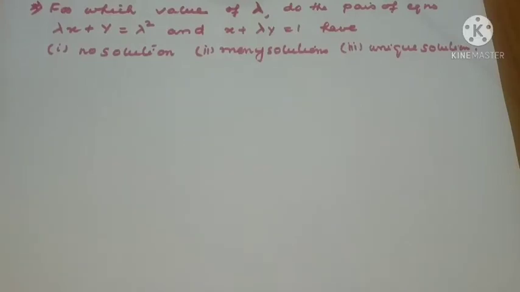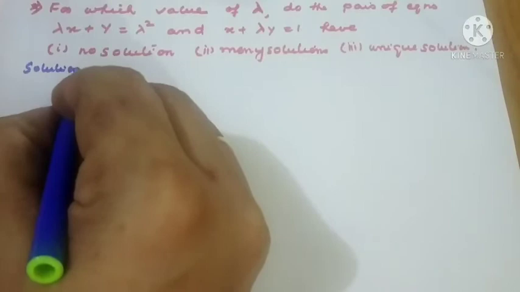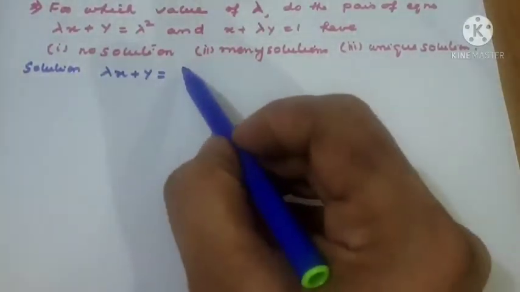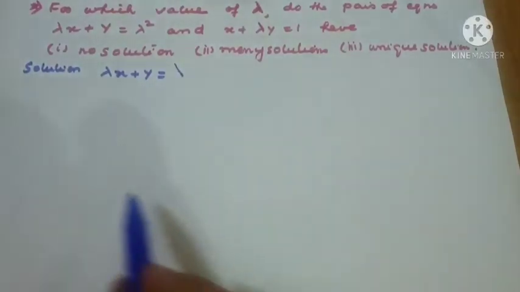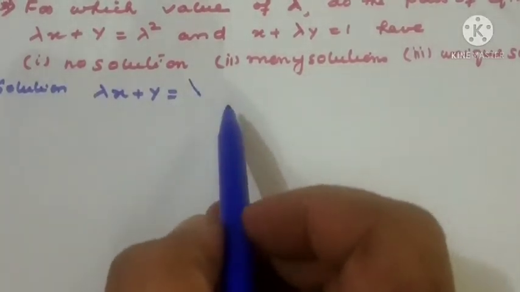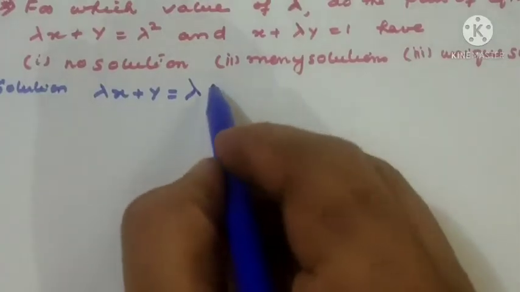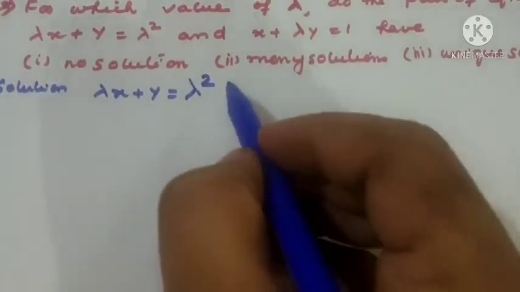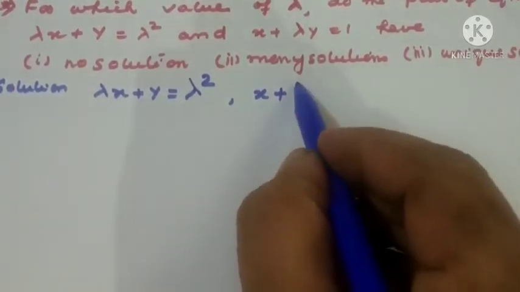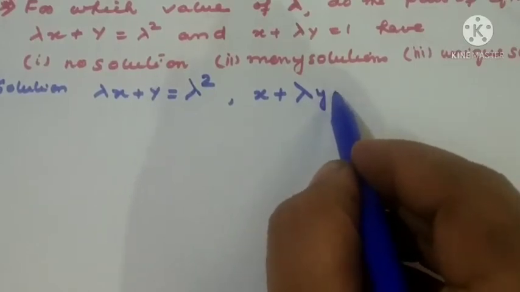So the first equation is lambda x plus y equal to lambda square. And the second equation is x plus lambda y equal to 1.